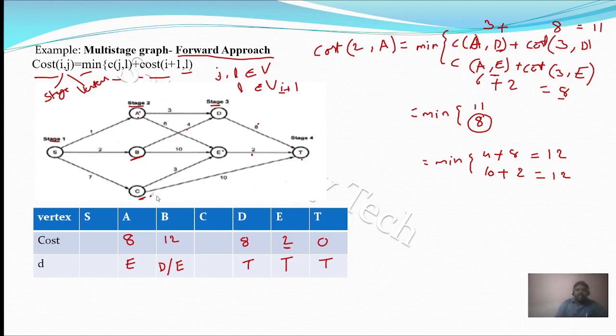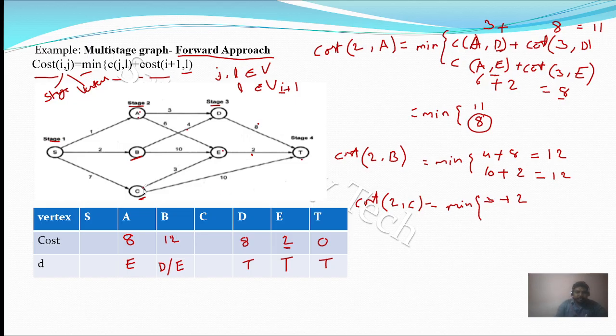So next C. Here it is also stage 2, now the cost of stage 2, vertex C. You can directly find out: C to E, the cost of the edge is 3, plus the cost of E, which is 2.